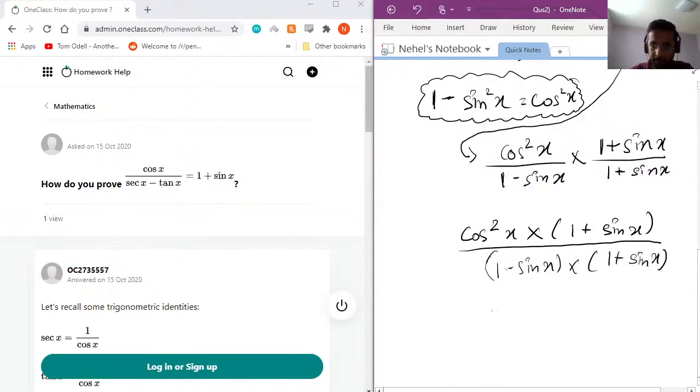We would have to recall that one of the multiplication properties is that a minus b times a plus b is equal to a squared minus b squared.